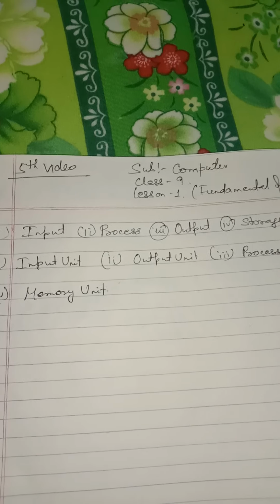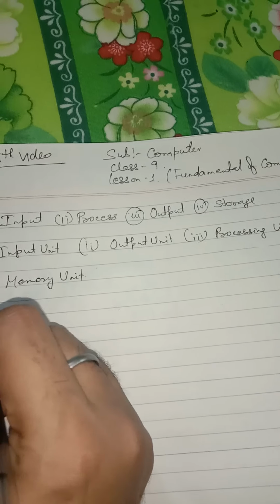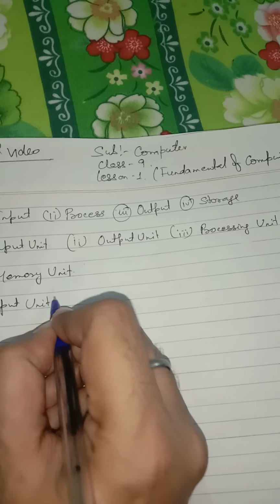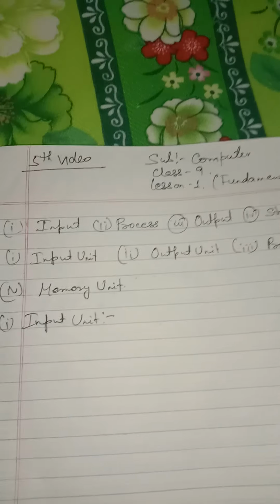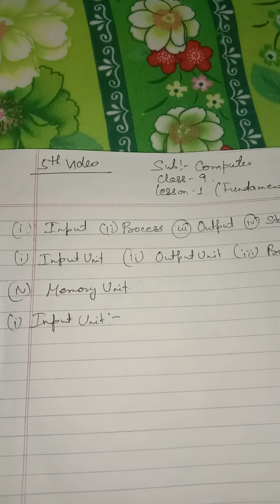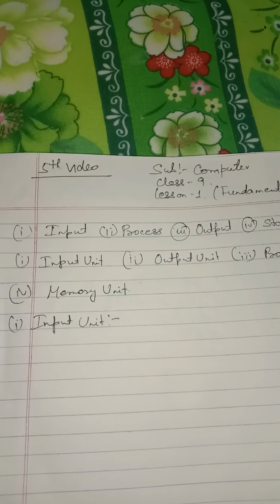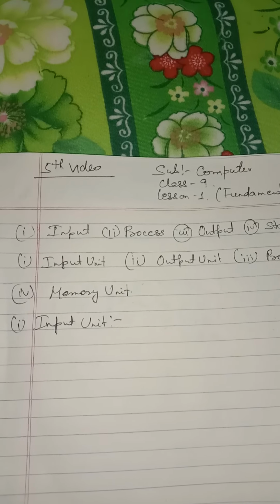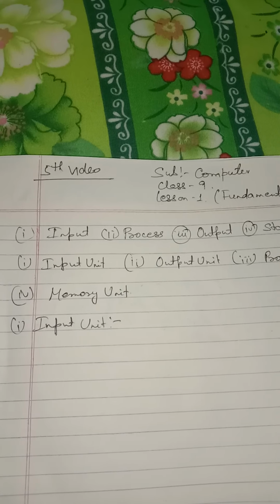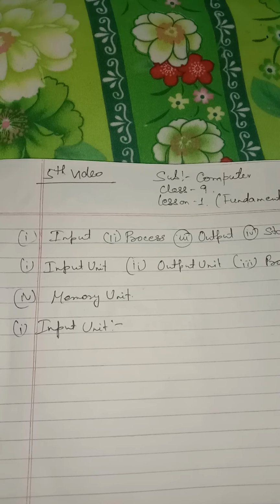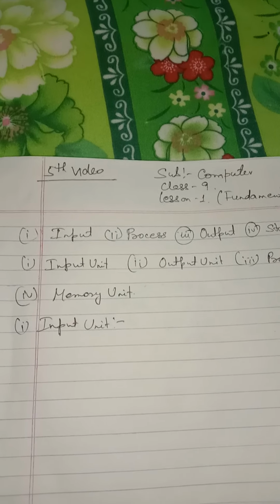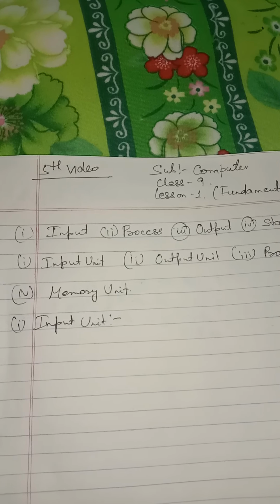We begin with the input unit. The first unit, input unit. Now one thing should be clear over here. There is a difference between the input unit and the input. Input is the collection of data and the instructions provided by the user. We generally give input with the help of an input unit.